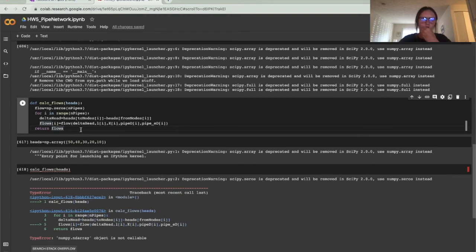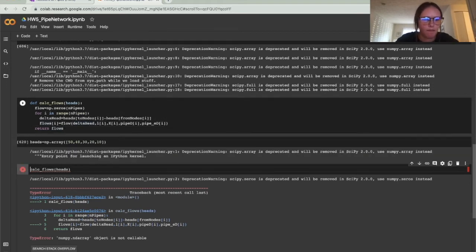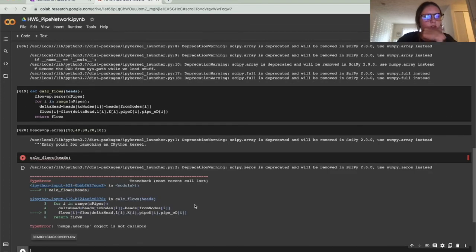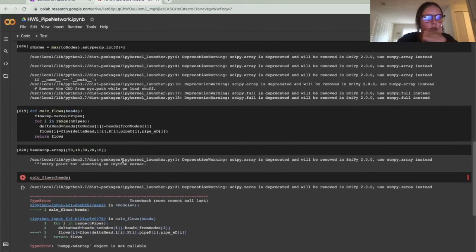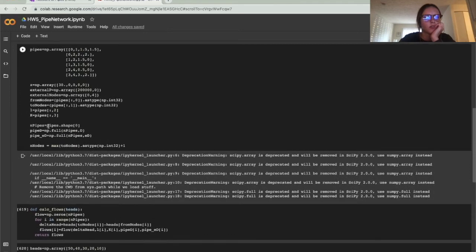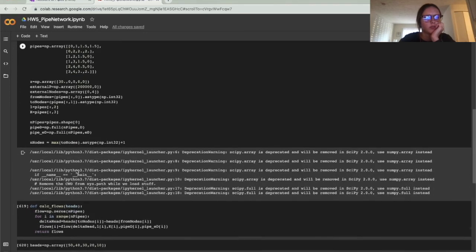Okay. Let's see. It's not giving me that. Let's see. So we've got flow that is set to 0 in range. And the number of pipes. Okay.